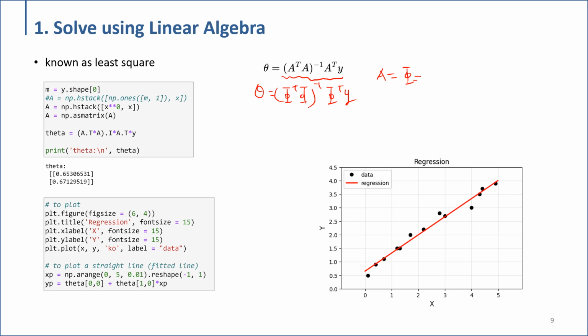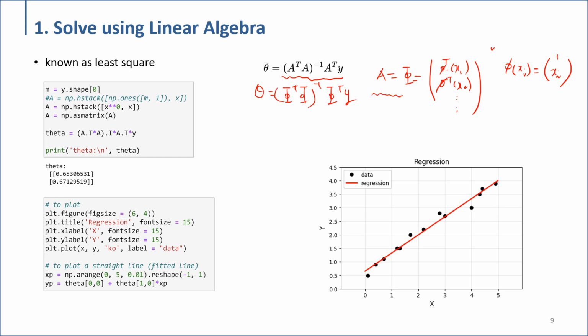When we recall the phi matrix, it's just phi transpose of x1, phi transpose of x2, and so on, where phi of x_i is 1, x_i.